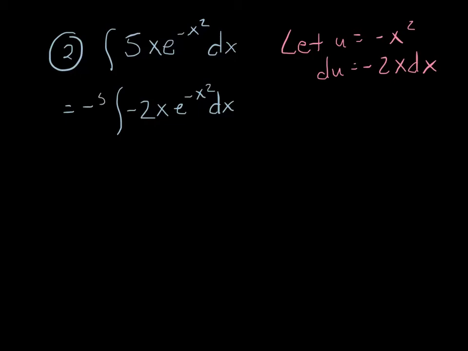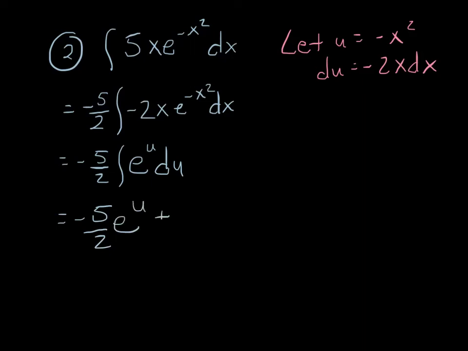So we'll need a negative 5/2 on the outside. Now we substitute. We've got e to the negative x squared, which is now e to the u, and negative 2x dx is du. The integral of e to the u is e to the u, and then we substitute. So we've got e to the negative x squared plus c.